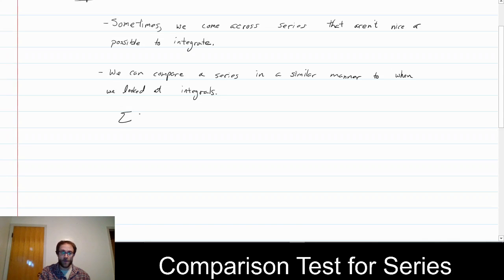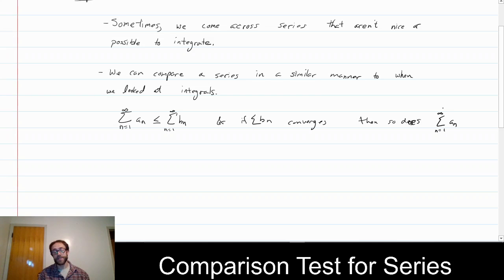We know that if the sum of, say, a sub n from n equals 1 to infinity, remember that n can start at any number, is less than the sum of bn as n goes from 1 to infinity, and if the sum of bn converges, then so does the sum of an as n goes from 1 to infinity.